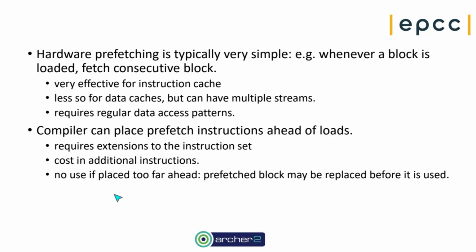The reason is that the compiler typically doesn't have enough information about the memory access patterns, or about sizes of things. It doesn't know how big arrays are, or how long your loops are in many cases. So it's a very difficult job for the compiler to do this effectively. So mostly we tend to rely on the hardware prefetching mechanism.